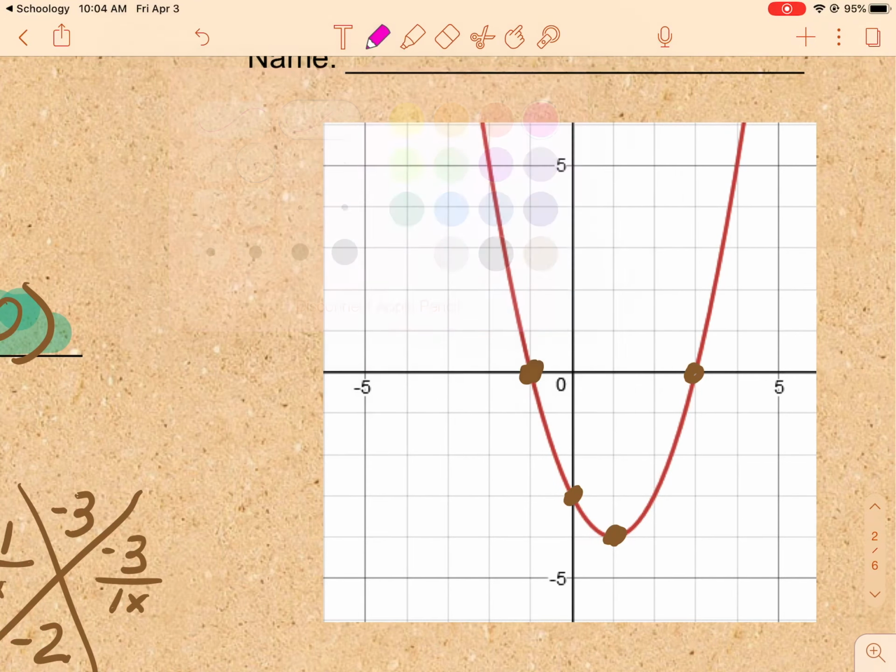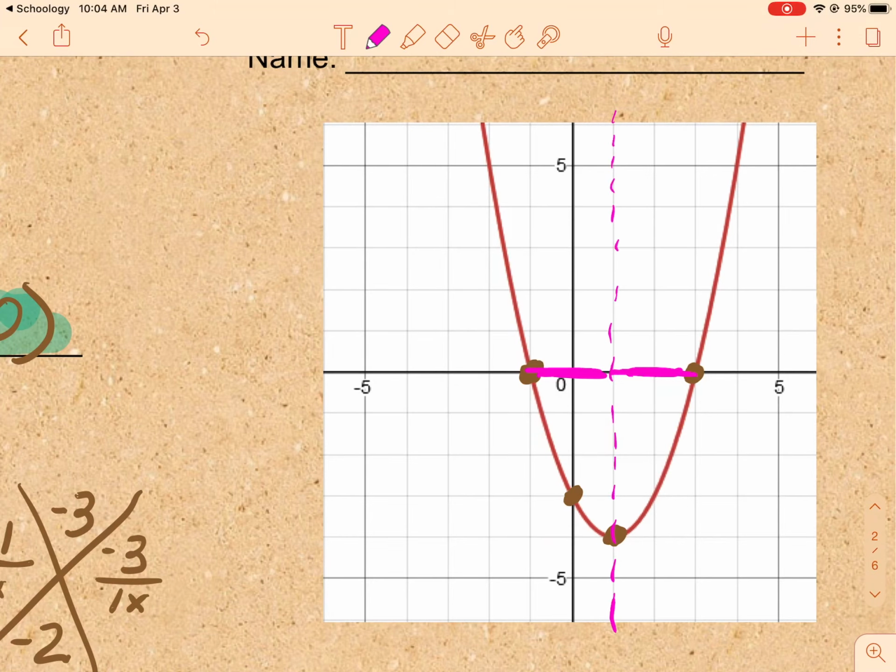If you think back to last unit, we talked about the axis of symmetry. We know there's a mirror image on both sides. The distance from that line to each x-intercept is exactly the same. So what we're finding is the point directly in the middle of our x-intercepts.